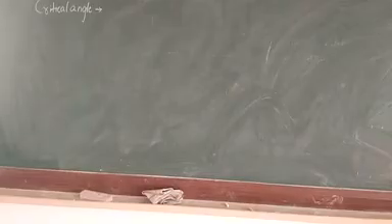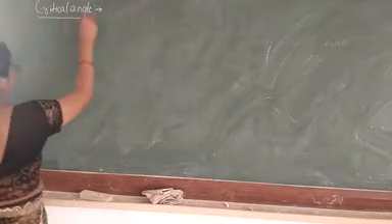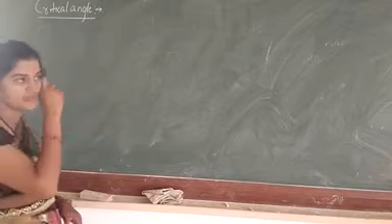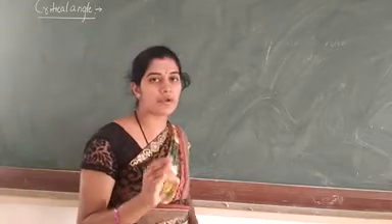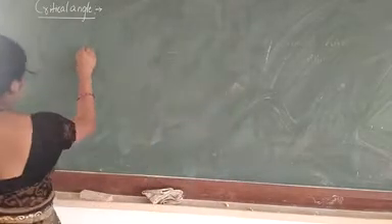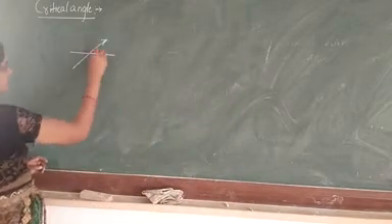Now next we are studying the critical angle. Here we have to define the critical angle. Just consider a ray which is made to pass from the denser medium to the rarer medium.